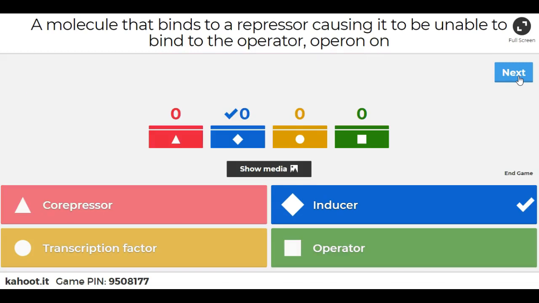An inducer binds to the repressor. It causes a change in shape of that repressor, and then that operon is switched on. Now hopefully you guys remember which of the operons is inducible and which of the operons is repressible. I do not have that in this review, but they will be on the exam.